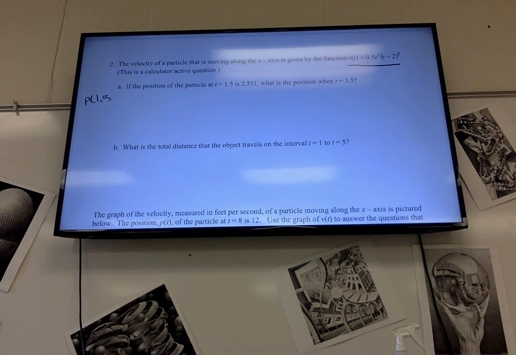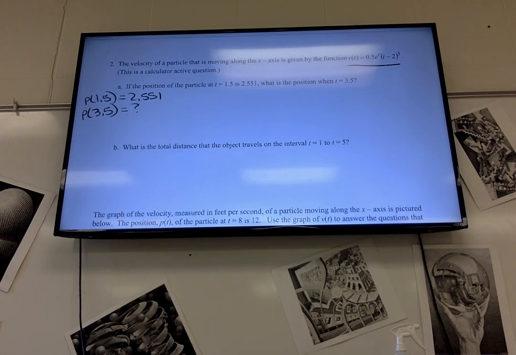P of 1.5 equals 2.551. What is the position when t equals 3.5? So this is like the last problem. Actually, no. Wait, we could just look it up. Put it in the calculator. We are going to, part of it, but we still have some other stuff we have to do.